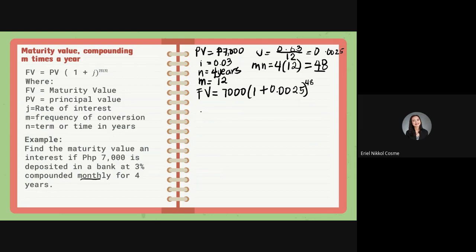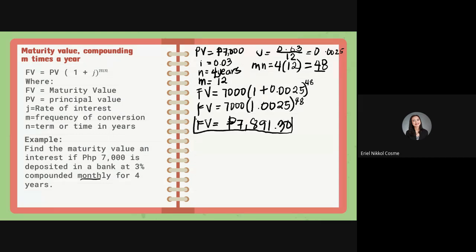So your FV is equal to 7,000 times 1.0025 raised to 48. Then multiply by 7,000. You will get an answer of 7,891.30. So this will be your final answer. Okay?